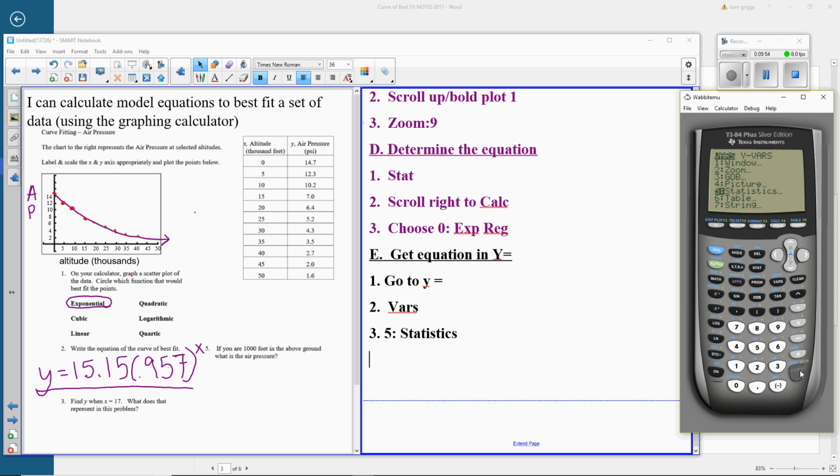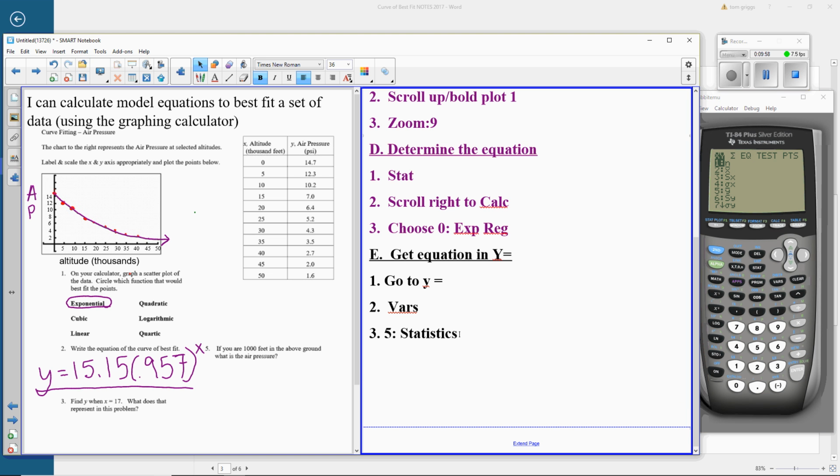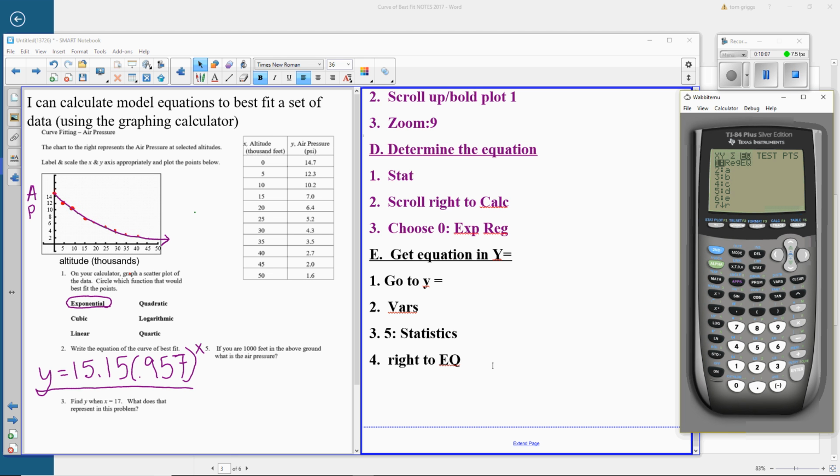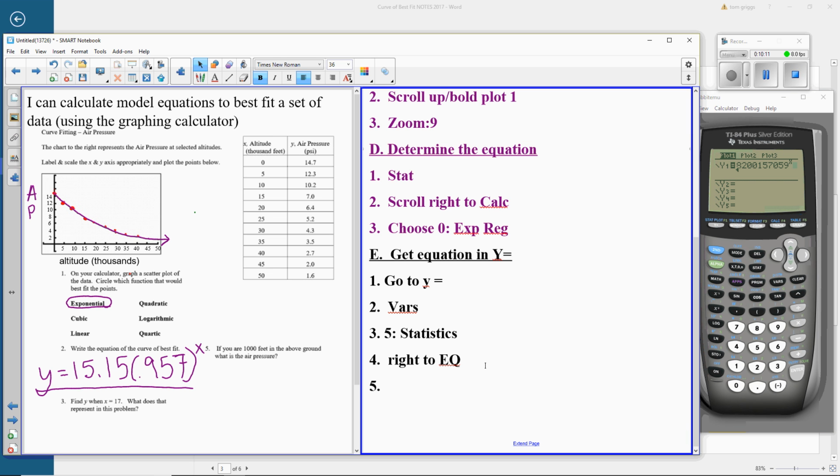I'm going to select that, and then we're going to scroll right to where it says EQ. And then finally, we can finish this off by choosing number 1 for EQ or for equation.